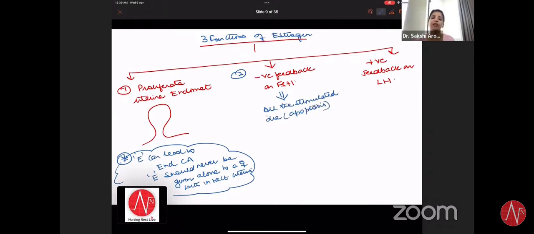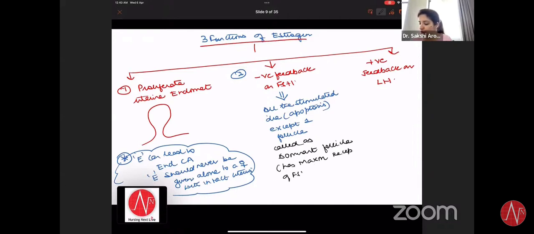So all the stimulated follicles die except one follicle, which will be called the dominant follicle. This dominant follicle survives because it has maximum receptors of FSH. So one follicle is left, which will be your dominant follicle, and this dominant follicle will continue to grow.